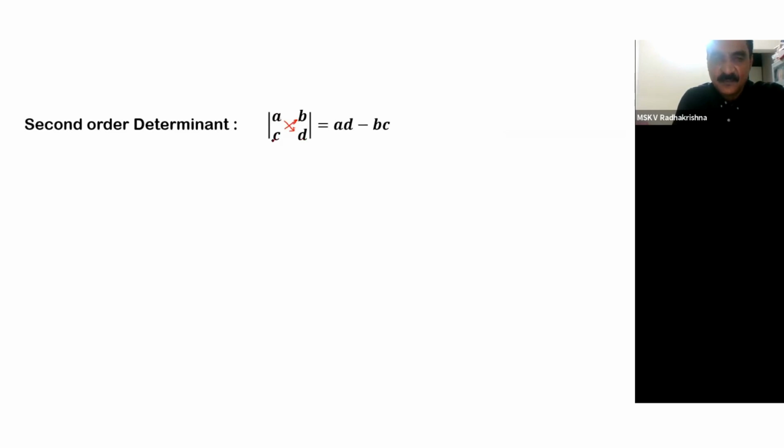And along the upward arrow, you have to multiply the numbers and take minus sign. So the value of this determinant will be A into D minus B into C. This is the method of calculating a second order determinant.